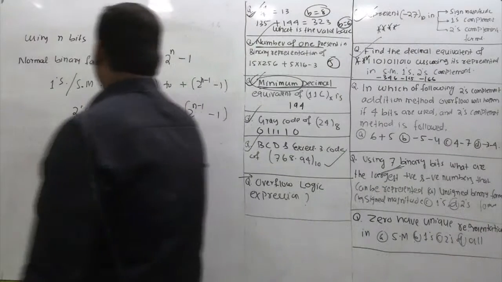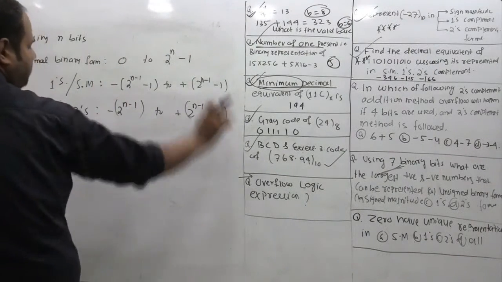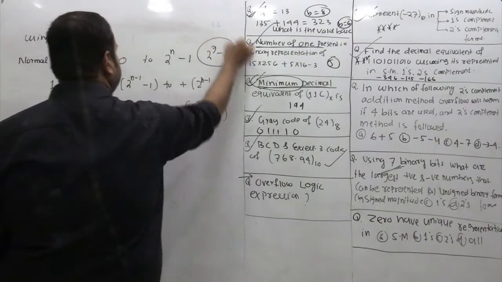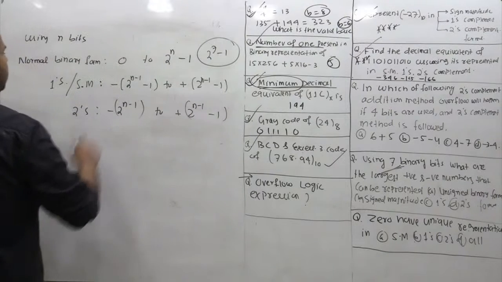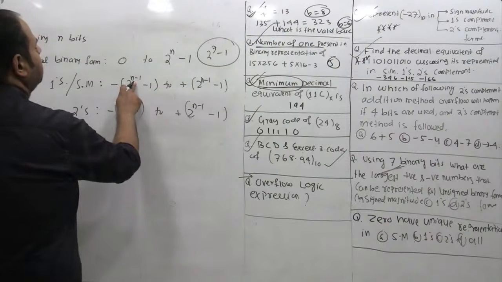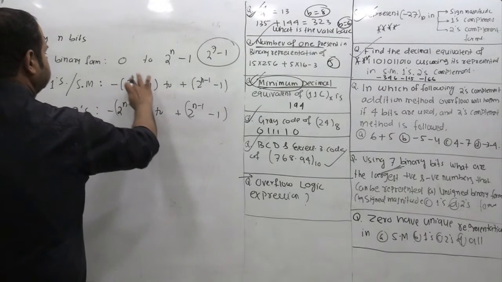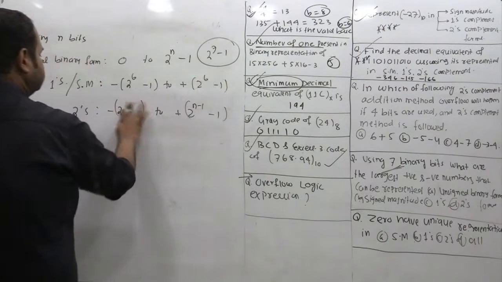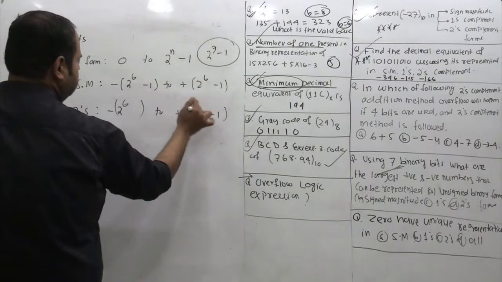In this case, there is no scope for negative numbers, so we cannot represent negative numbers. The positive number will be 2 power 7 minus 1. You can check how much the answer is. And if they ask for 1s and sign magnitude, if you substitute n equal to 7, this will be 6, and this will also be 6. Similarly, this is also 6 and this is also 6.